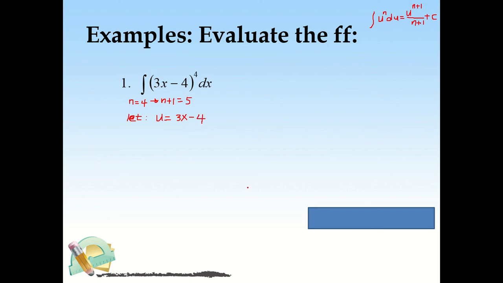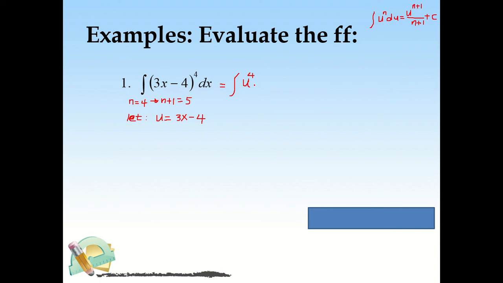If our u is equal to 3x minus 4, we now have u to the n. So we can now rewrite this as the integral of, now we're doing substitution, class, u to the n, where our u is equal to this, but now we use substitution, so we replace this by u. Then to the n, we will use the same n, which is 4. All right, then times du.